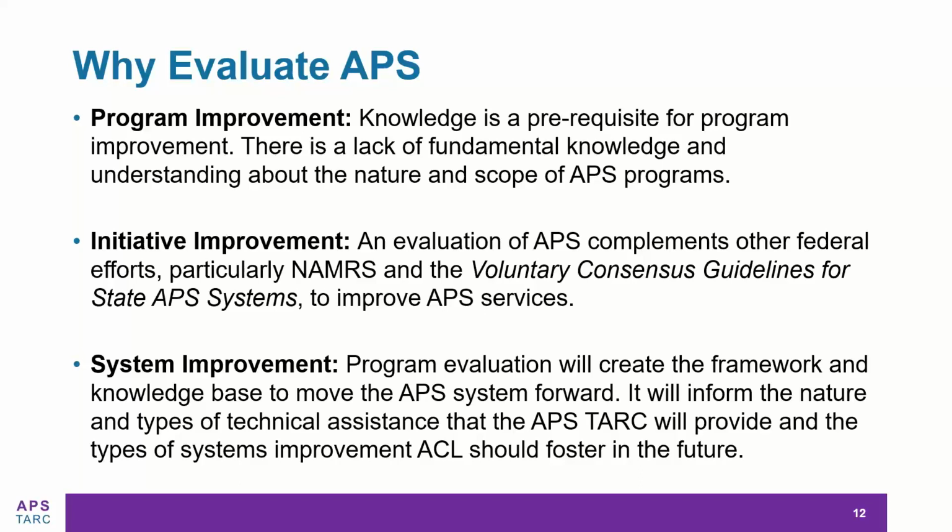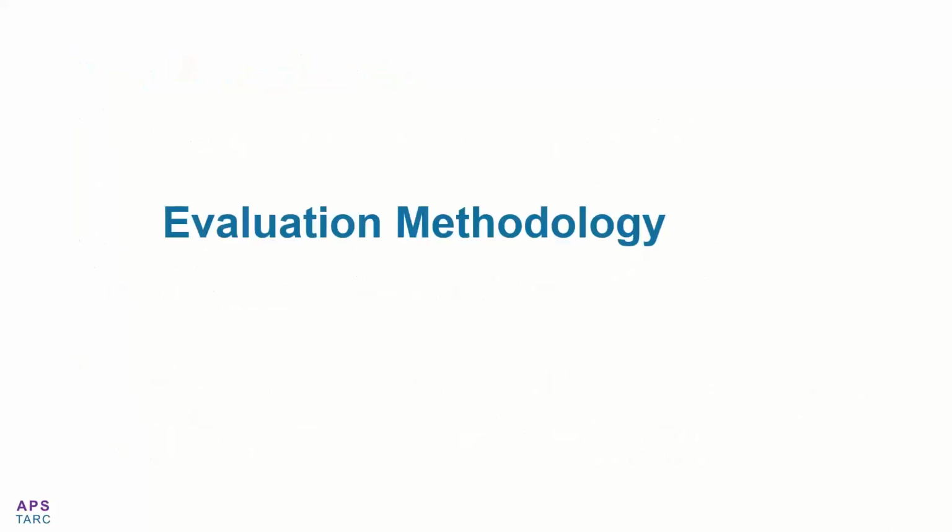And so the evaluation becomes a complement to other things that ACL is doing with NAMRS and particularly the voluntary consensus guidelines. There's also the research agenda that they have done. All of this builds toward the ultimate goal of improving the overall system of APS. We've got a framework, we've got a knowledge base, we've got informed projects, and so hopefully we can move the whole system forward.